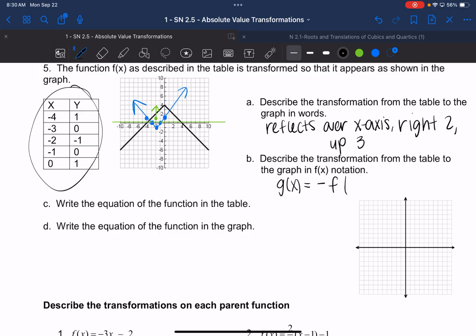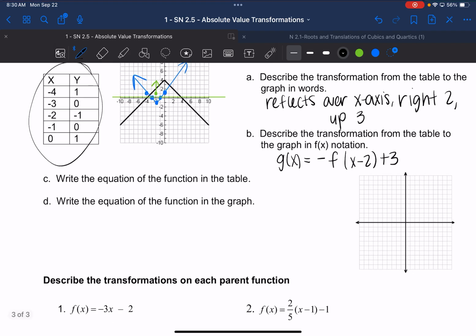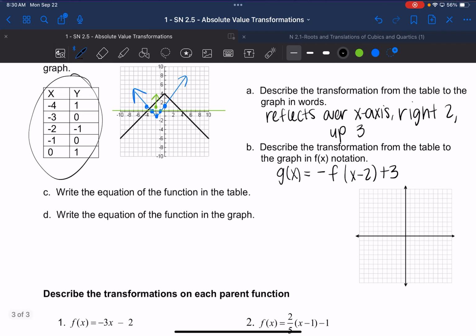And then we said we would be shifting to the right 2, which would go in here where h goes. And then we'd have our plus k out there on the end, right? Okay. It then says they want us to write the equation for the table. Well, in the table, which point was our vertex?